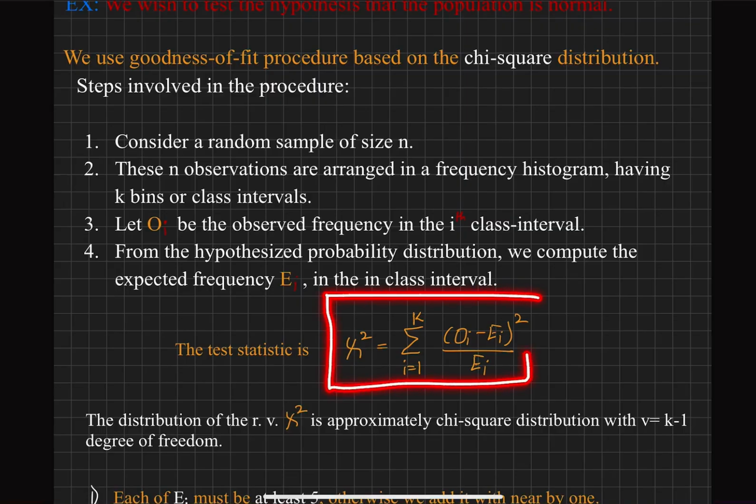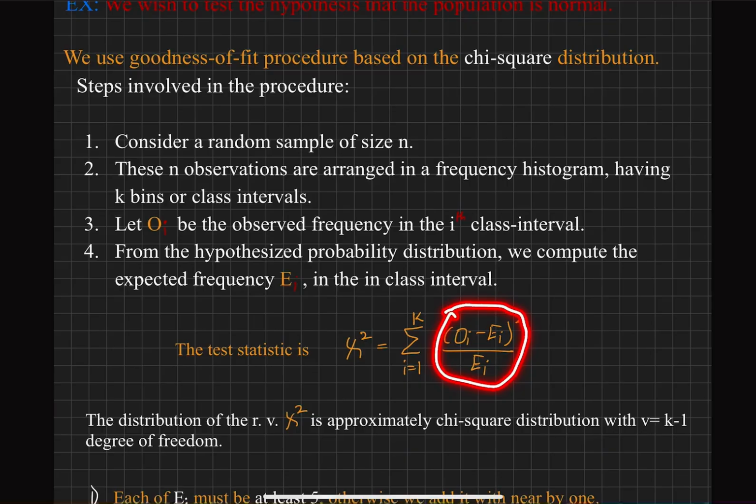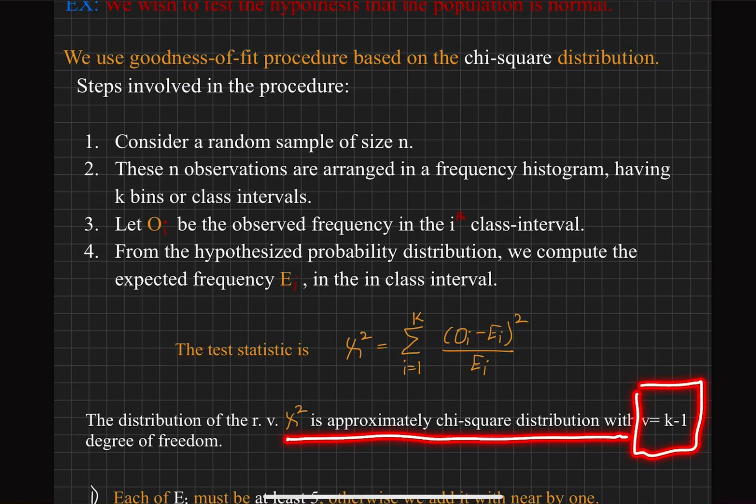We denote it as chi-square, which is equal to the sum of (O_i minus E_i) whole square by E_i. You can observe the numerator term is the difference between the obtained value and expected value. This chi-square value will follow approximately a chi-square distribution with degrees of freedom v equal to k minus 1.